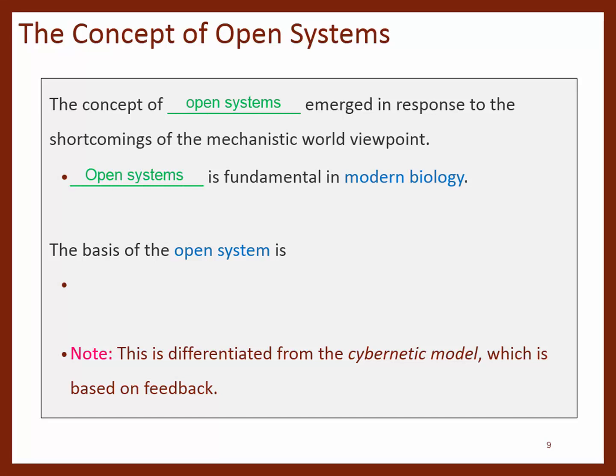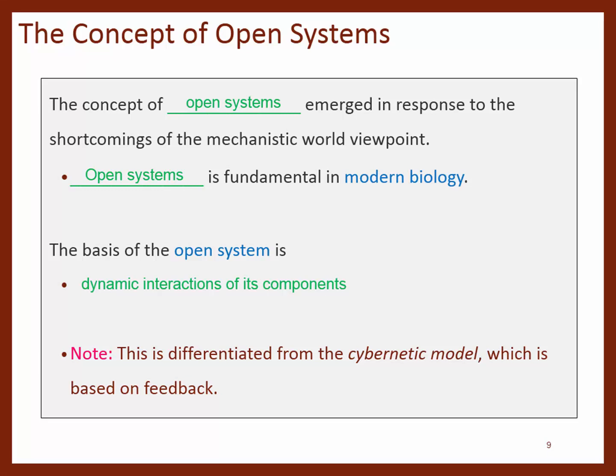Open system is fundamental in modern biology. As I mentioned, most of the living organisms, the way they behave, the way they act, is not easy to explain with a mechanistic point of view. So the basis of open system is the dynamic interactions of the components.